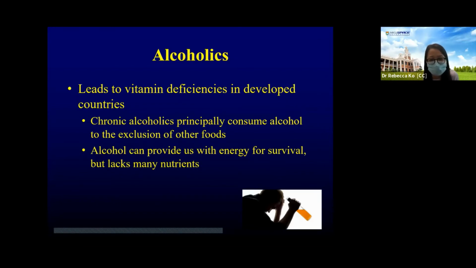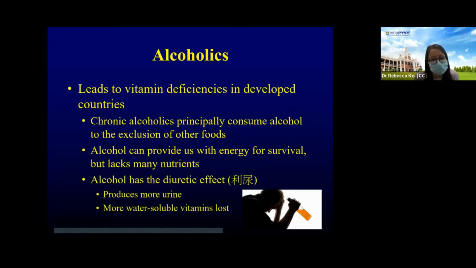Not interested in others, but just drinking alcohol. Even though alcohol can provide us energy for survival, there is a lack of many nutrients, because alcohol cannot provide you a balanced diet. I think you all know that, right? So that's why it's problematic.